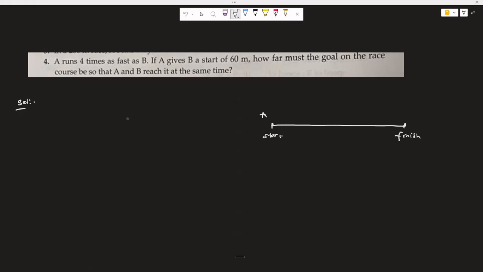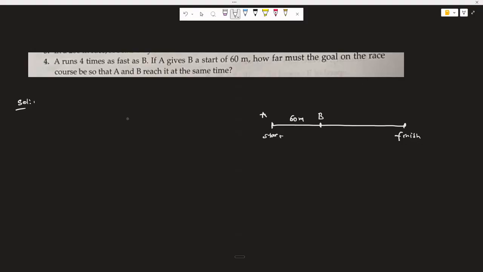Here is A and here is B. A challenges B: Mr. B, you can move 60 meters forward from me, towards the finishing point.